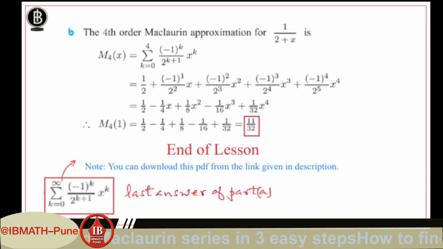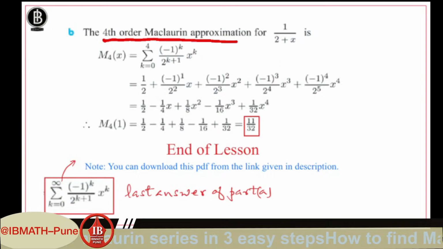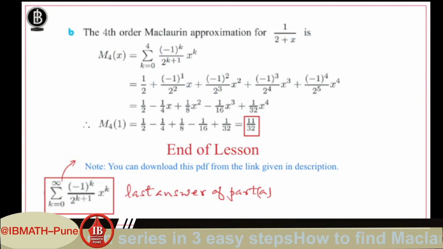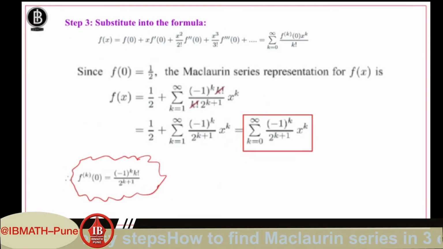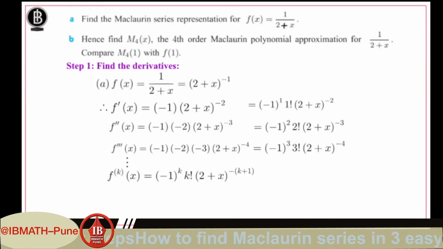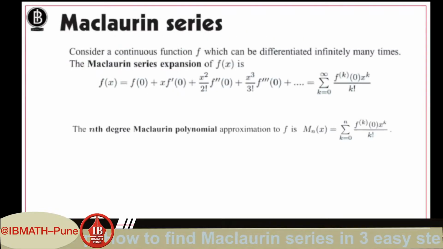Now part B says find the fourth order Maclaurin approximation. As I told you, the formula for the fourth order Maclaurin polynomial, look here, I wrote it in the beginning, M_n of 4.